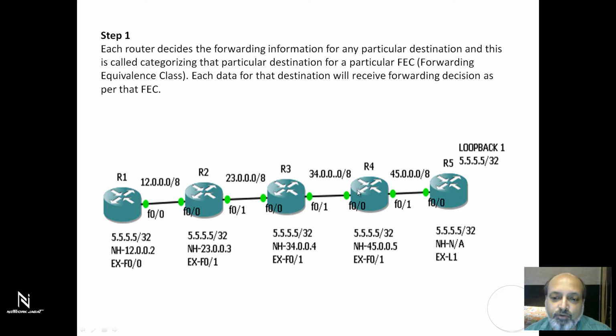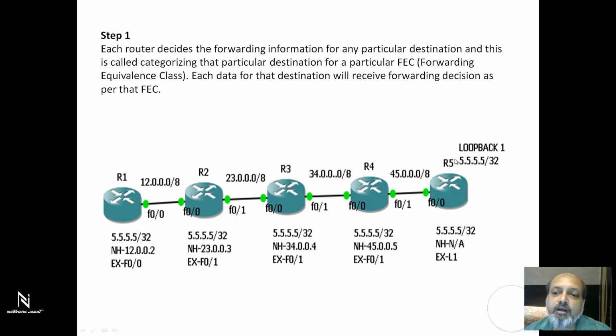So this F0/0 is 12.0.0.1, this F0/0 is 12.0.0.2, this F0/1 is 23.0.0.2, this F0/0 is 23.0.0.3, this F0/1 is 45.0.0.4, and this F0/0 is 45.0.0.5. I hope it is 100% clear.